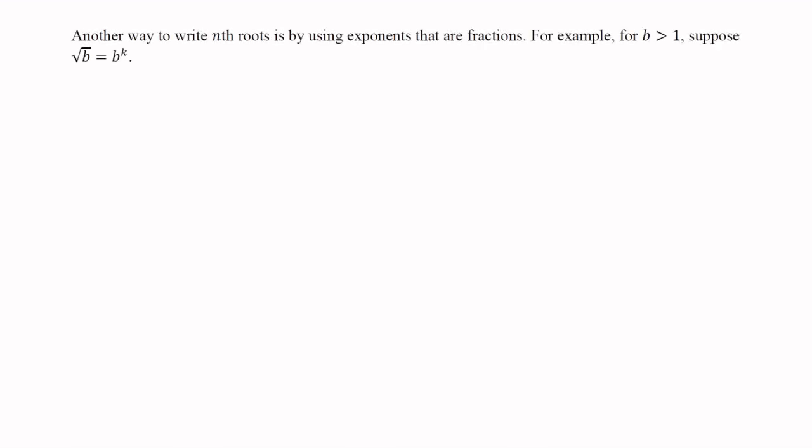Another way to write nth roots is by using exponents that are fractions. For example, for b greater than 1, suppose that the square root of b equals b to the k. So let's investigate this. If we square both sides, squaring a square root undoes it, and you get b to the first.